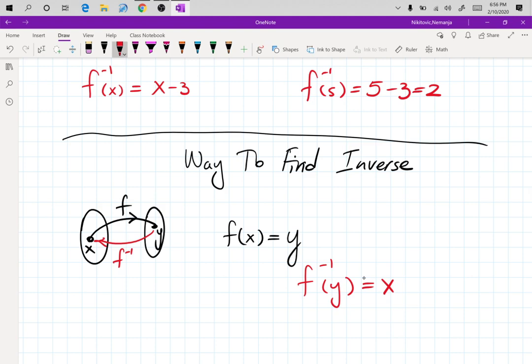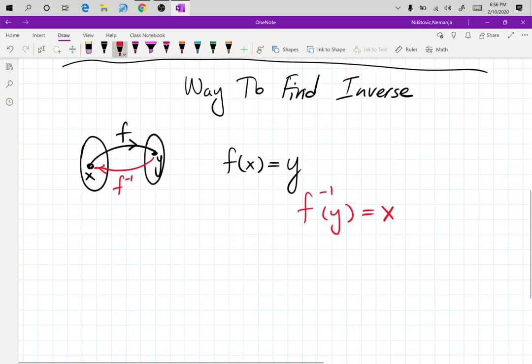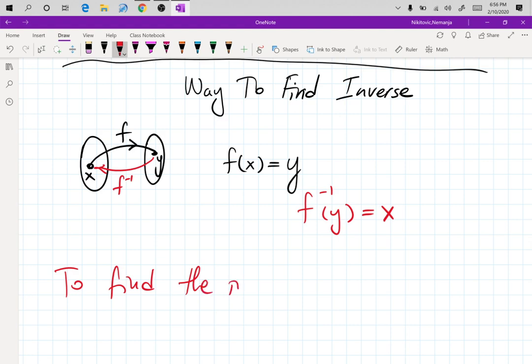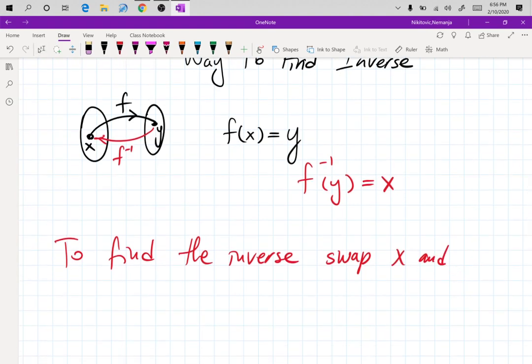Do you see how x and y switched spaces? Right? So, to find the inverse, swap x and y and simplify.